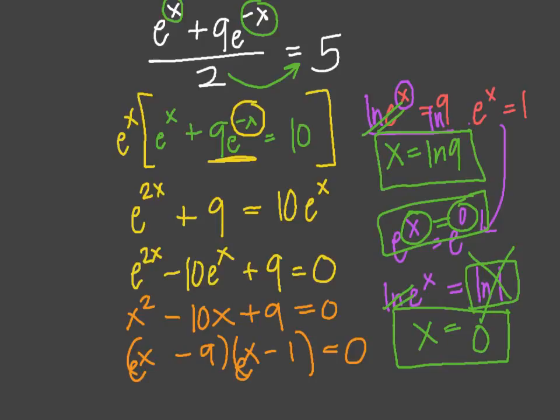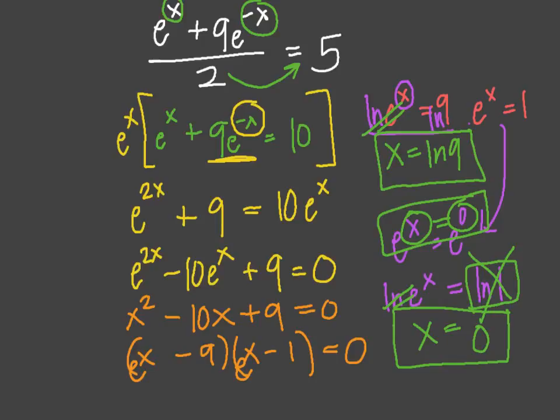So hopefully this video has helped a little bit with different scenarios that you might see with solving exponential equations. Keep in mind that if you can rewrite with the same base, that's probably the easiest route to go. Keep in mind that taking the log of both sides undoes the fact that it's an exponential. You may want to do a common log. If you have bases of e, you probably want to do natural log because those cancel out.